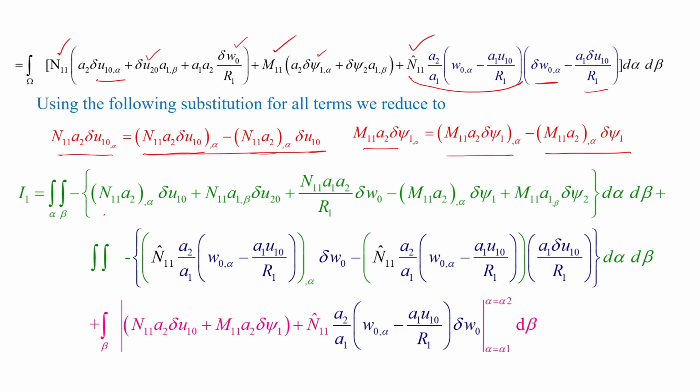So, from this we will get one term: N11 A2 comma alpha del u naught with a minus sign, and with a plus sign N11 of del u20 1 comma alpha, N11 A1 A2 del w naught. Then from here minus M11 A2 comma alpha del psi 1, M11 1 comma beta del psi 2.